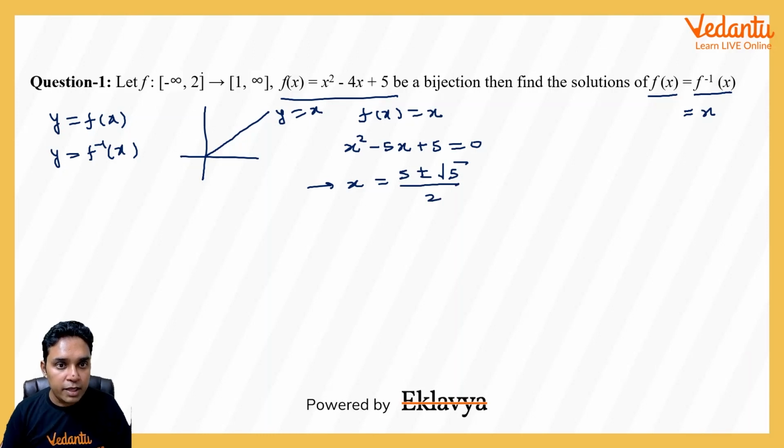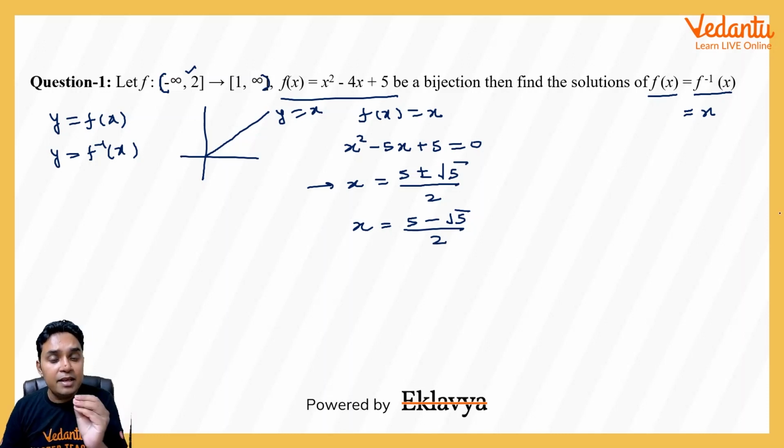So if I go with that domain, my value of x, and here it should have been an open bracket, here also it should have been an open bracket. So my x will be, not plus, it will be minus actually, 5 minus root 5 upon 2. So that will be the solution of this f(x) equal to x.